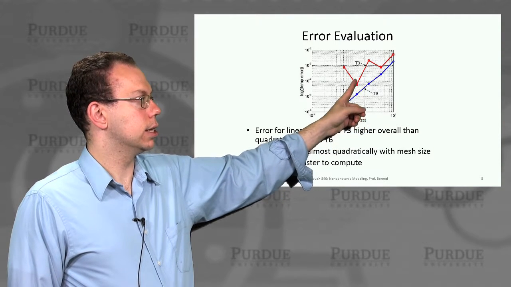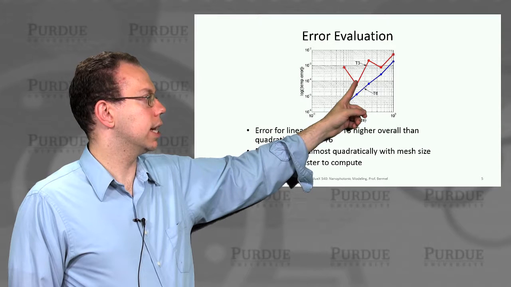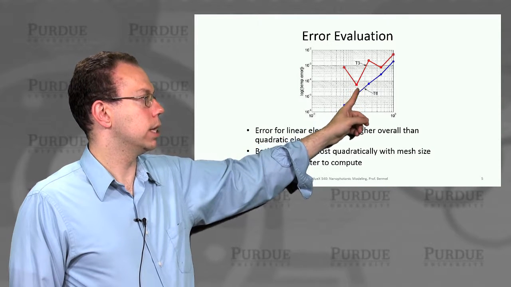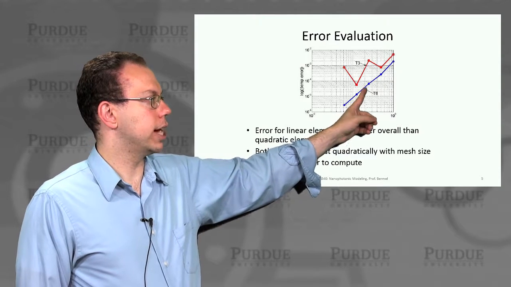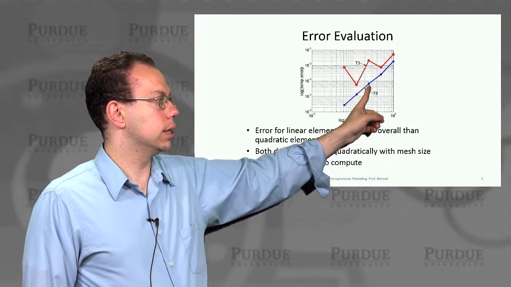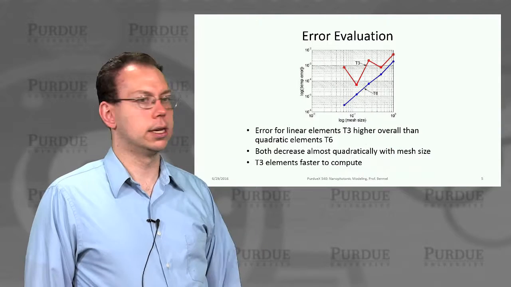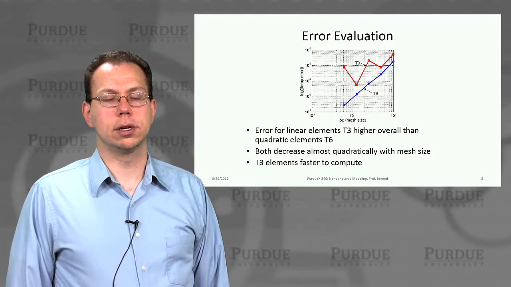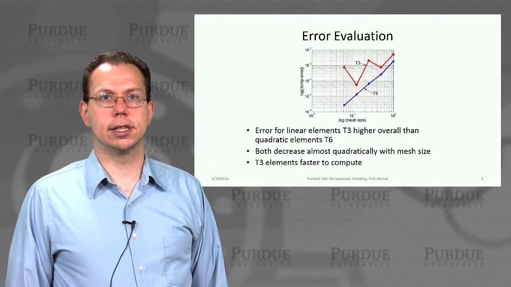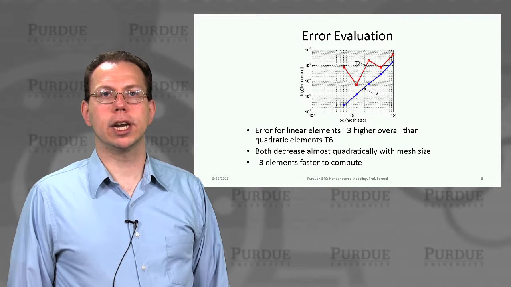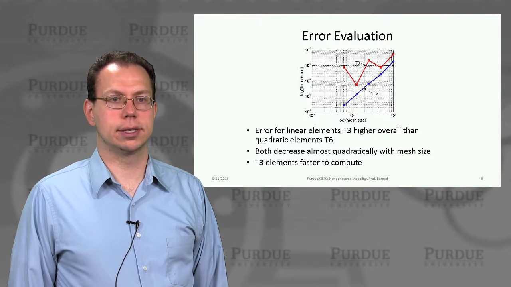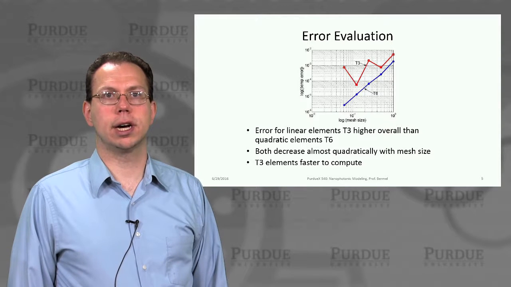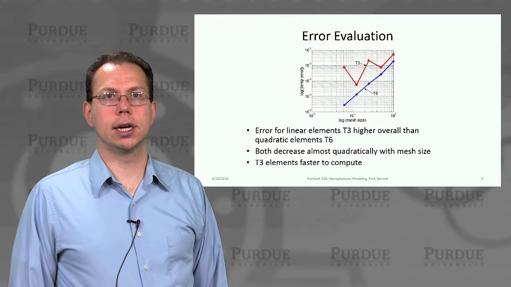But if this error tolerance was on the order of 10 to the minus 4, then you'd be below that here, and you'd be able to calculate it probably faster than certainly this, and maybe even faster than this gridding. So there's not necessarily a clear-cut answer in these problems, but that's why grid independence is such an important study to perform every time you do this. In the next lecture, we'll talk about additional thermal modeling.